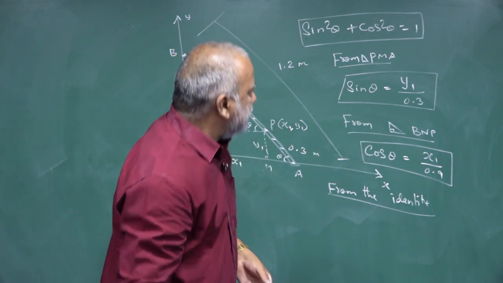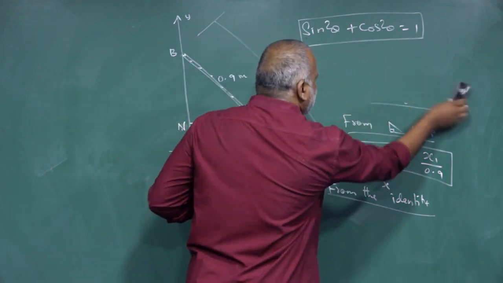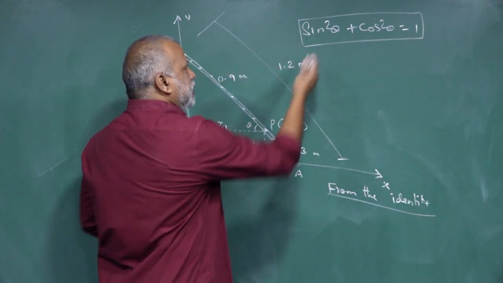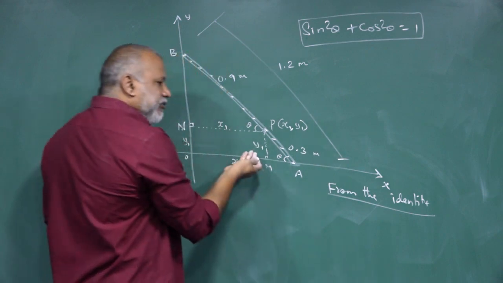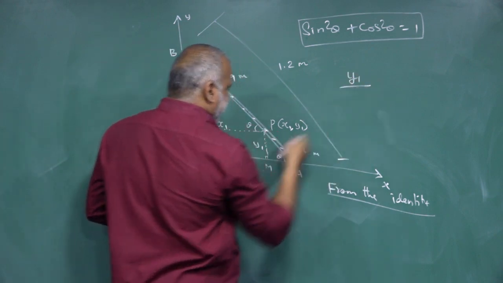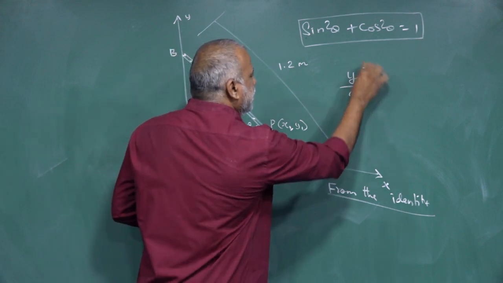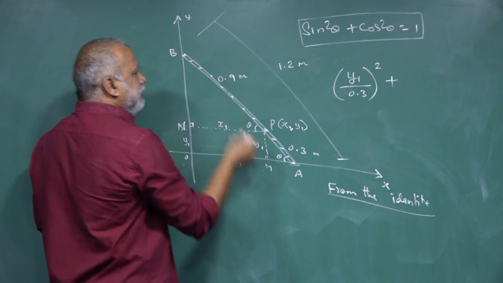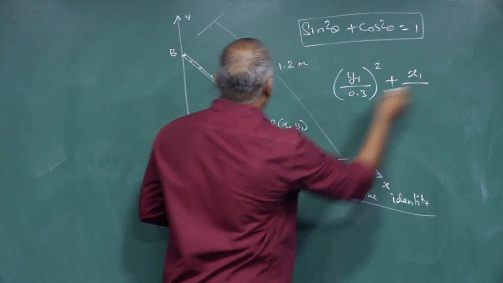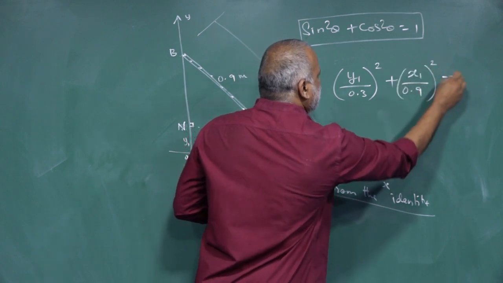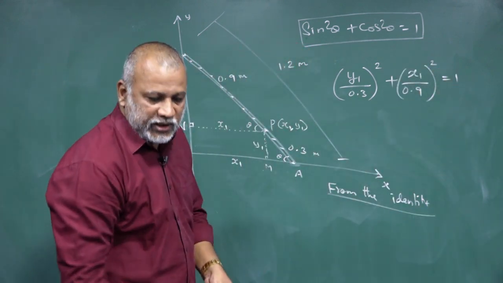I am using the value of sine theta and also cos theta. From this diagram, sine theta equals y1 divided by 0.3, whole square, then cos theta equals x1 by 0.9, whole square, equal to 1. Just square this value.